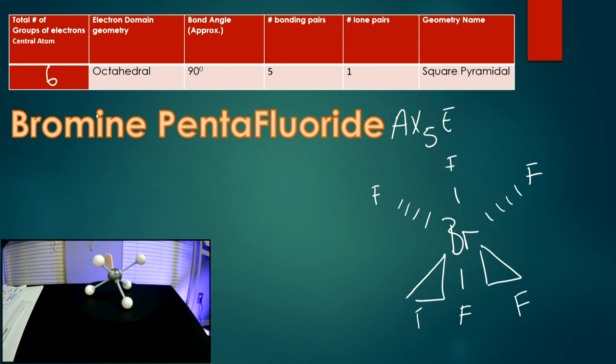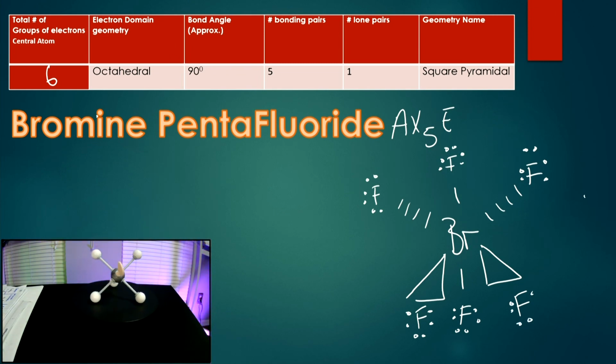There's our fluorines. So our bond angle will be 90. And make sure you fill in the electrons on your fluorines. Okay, so again, our bond angle is going to be 90 degrees between the outer atoms.